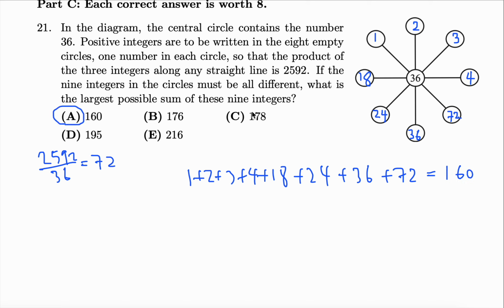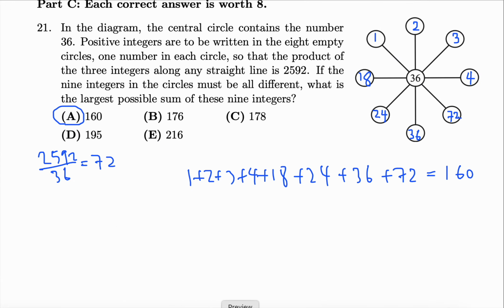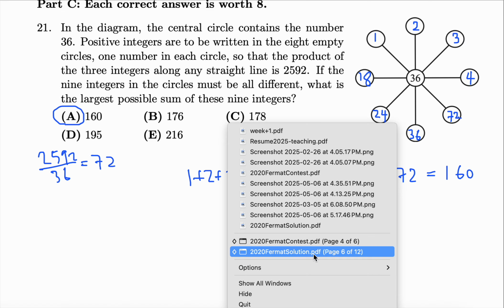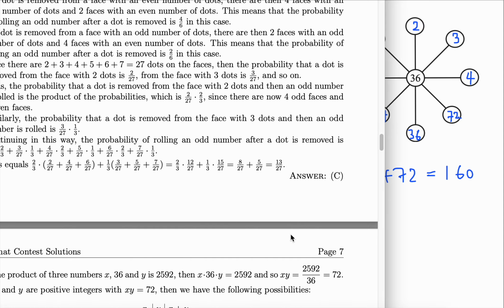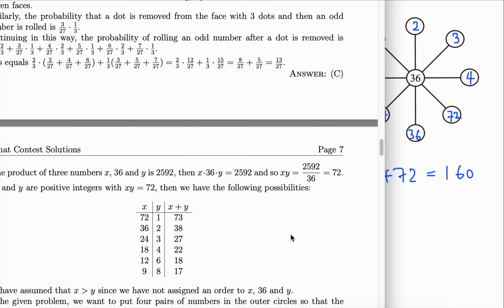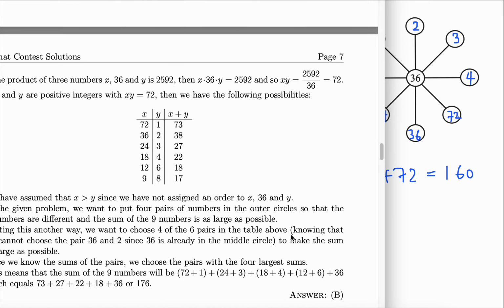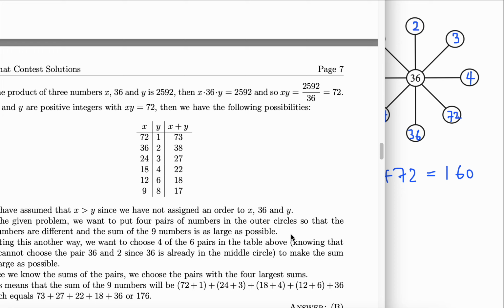So I think that's the largest possible sum. Now I'm going to check the answer and I hope I am correct. That's not the answer key. So it's actually B. Huh.